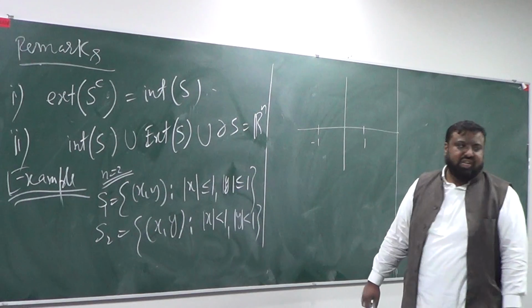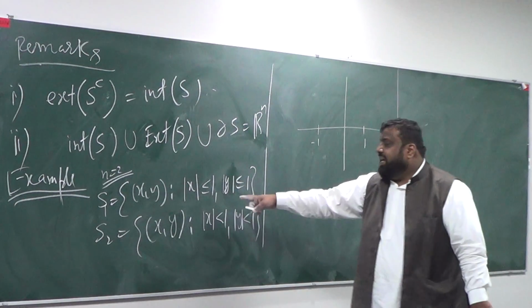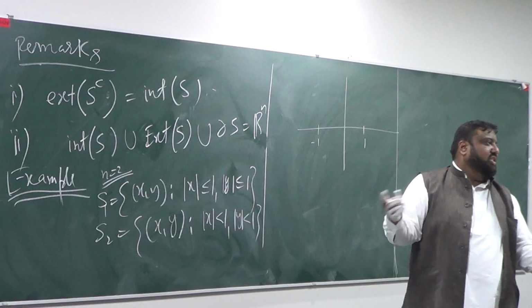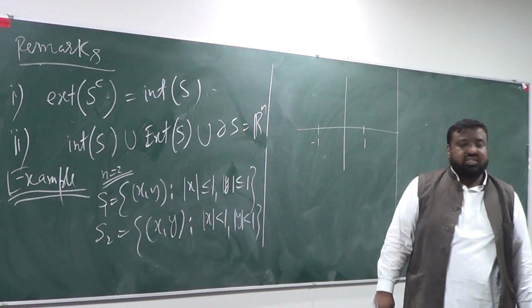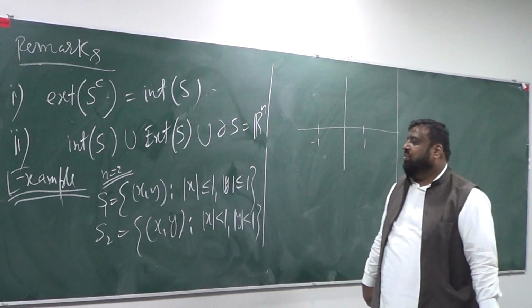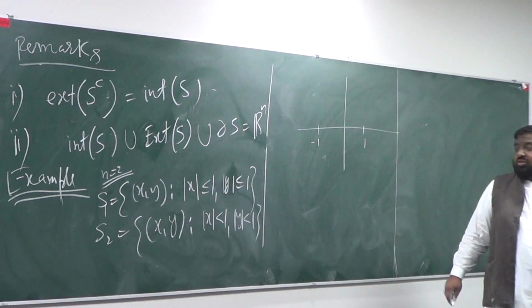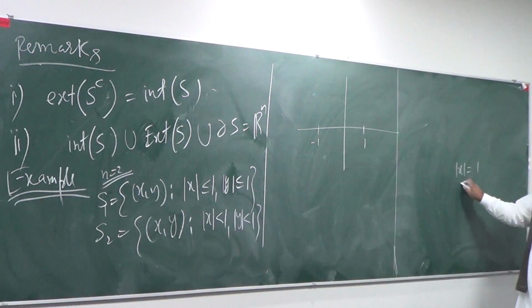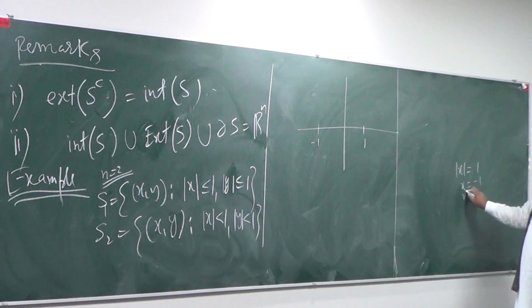The other thing you can do is equate them, as you usually do when you plot an inequality. So you equate absolute value of x equal to 1. What would be the solution? It's going to be x equal to -1 and x equal to 1.